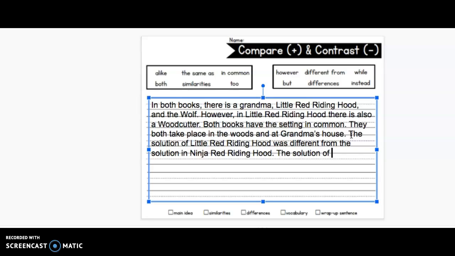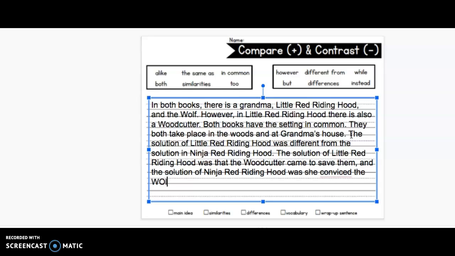The solution of Little Red Riding Hood was that the woodcutter came to save them. And the solution of Ninja Red Riding Hood was she convinced the wolf not to eat red meat.